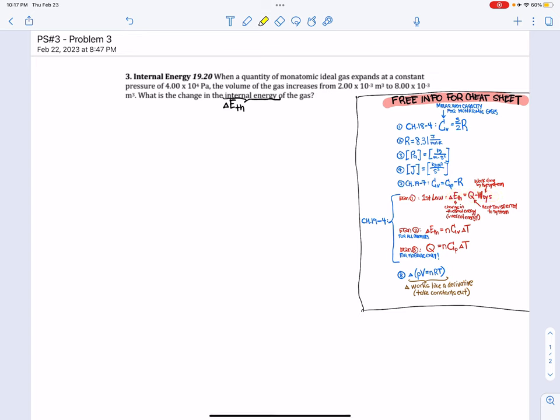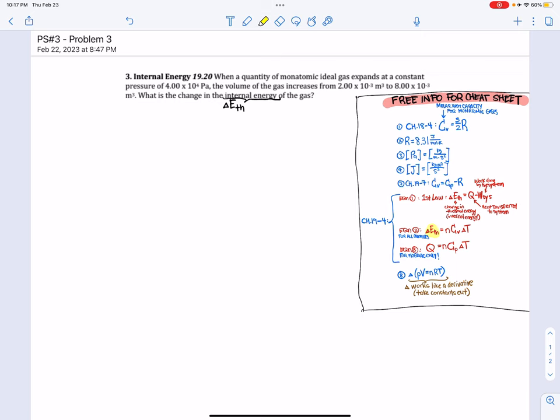The second equation is that the change in thermal energy is equal to the number of moles times the molar heat capacity for constant volume times the change in temperature, okay?